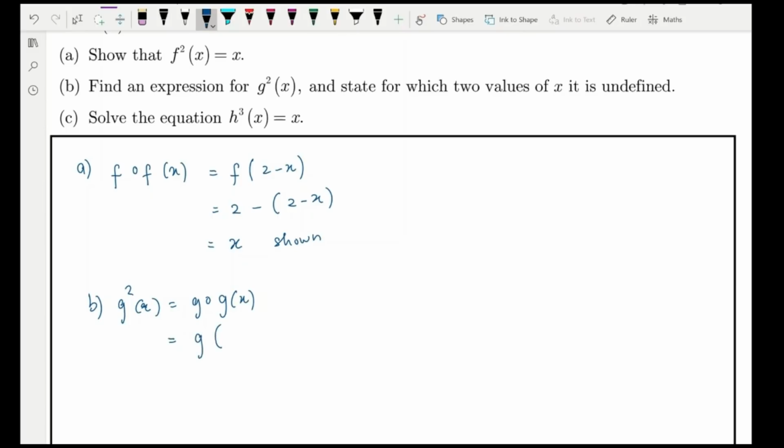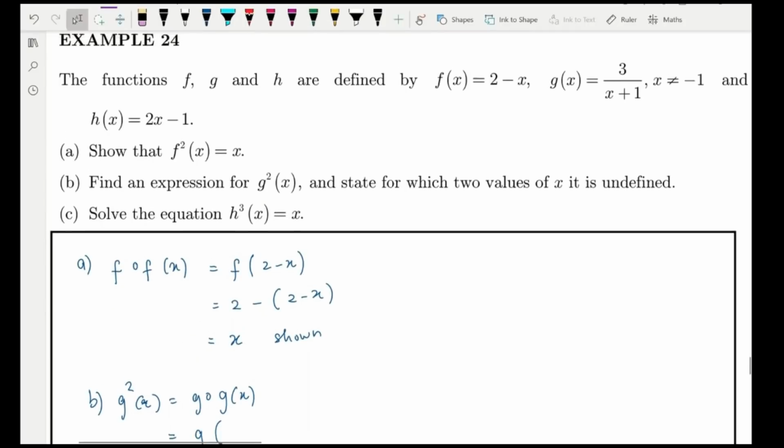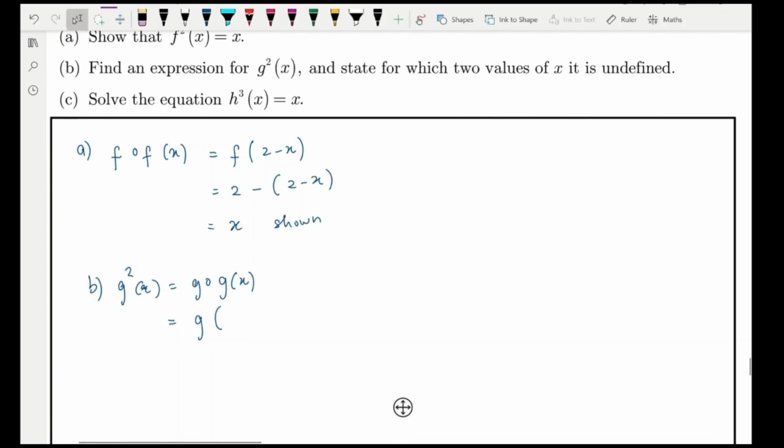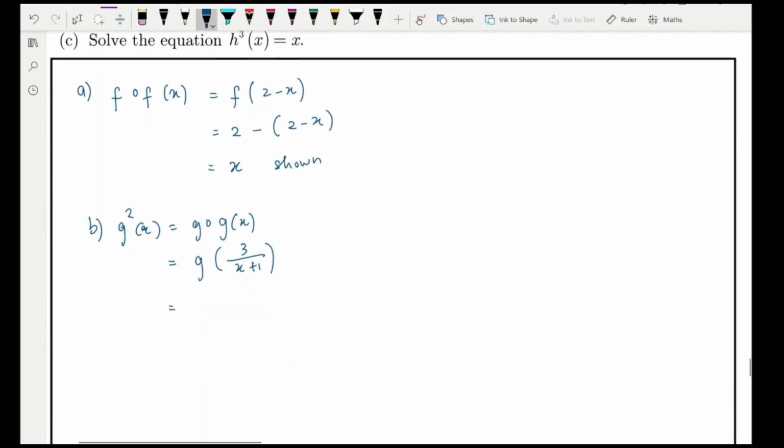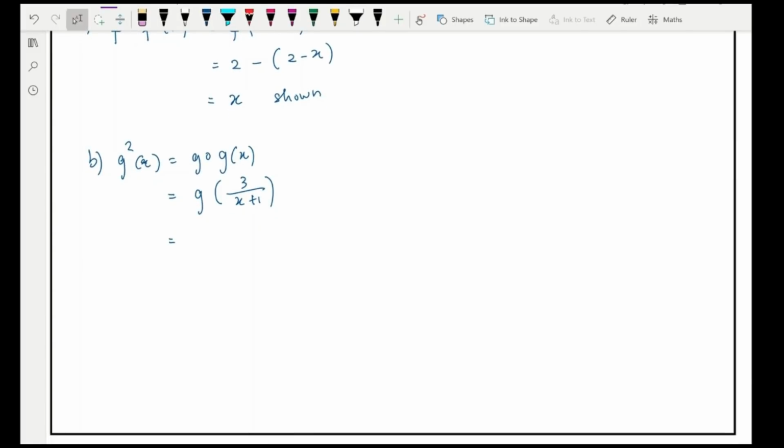First we must substitute g. So the function g is 3 over x plus 1. And then we substitute again function g with g. So we substitute x with 3 over x plus 1.